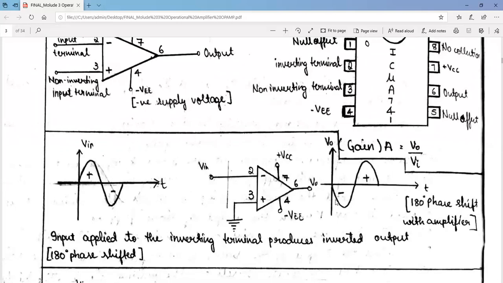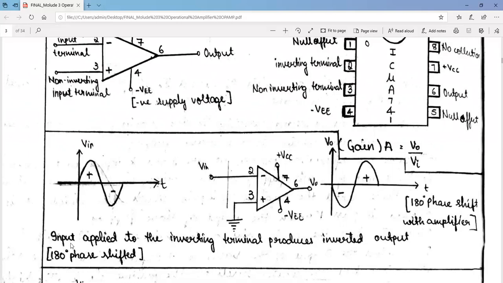It will be an amplified version of the input, but you can see a phase difference. When you give a positive peak followed by a negative peak, you get a negative peak followed by a positive peak at the output. This clearly indicates that there is a 180-degree phase shift between your input and output.